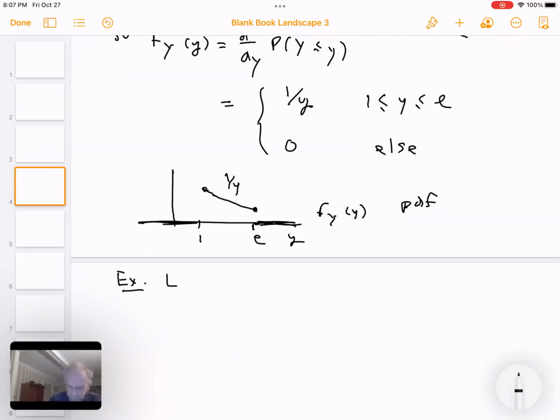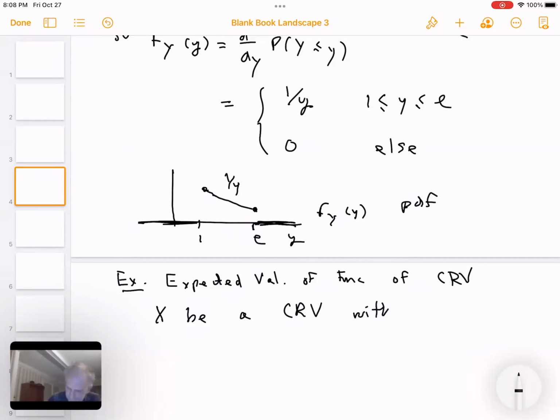So, expected value of a function of a CRV. Okay, so suppose X is a CRV with PDF f of X. So let X be a continuous random variable with density f_X.